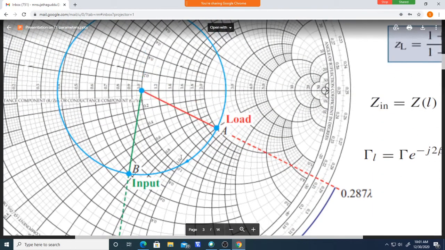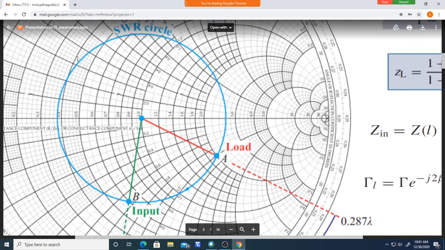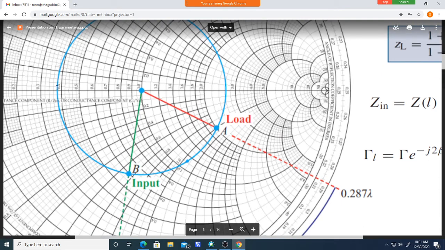So you measure impedance at any point on a VSWR circle, and all those values are greater than this value. That means this is the minimum impedance value on the transmission line.